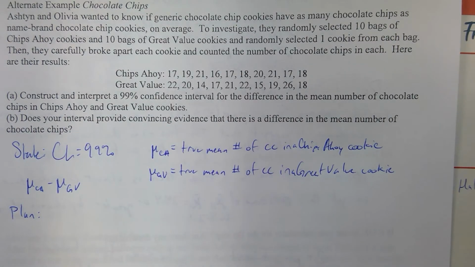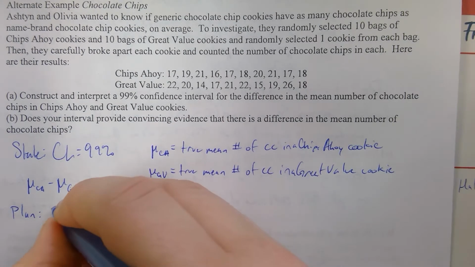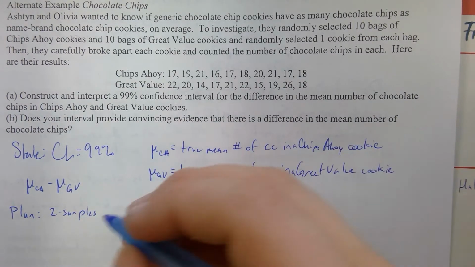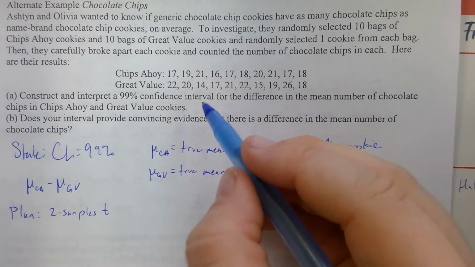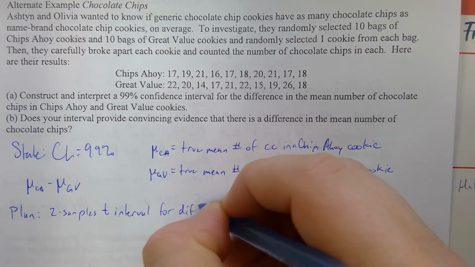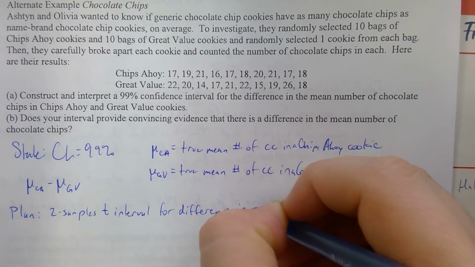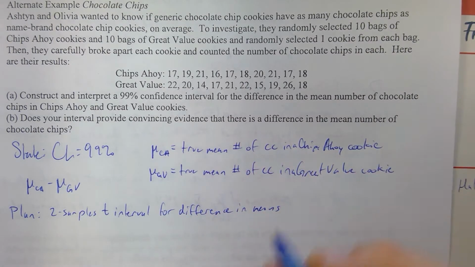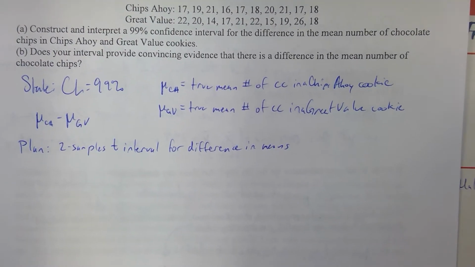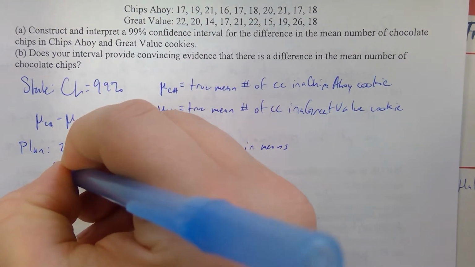Okay, and our plan. How many samples? We have 2 samples. We have means, so we want to do a t interval for difference in means. All right, so let's check our conditions. Random.